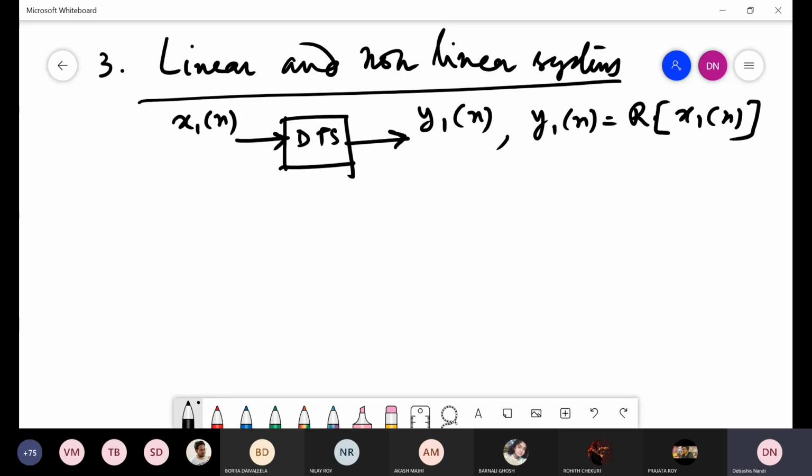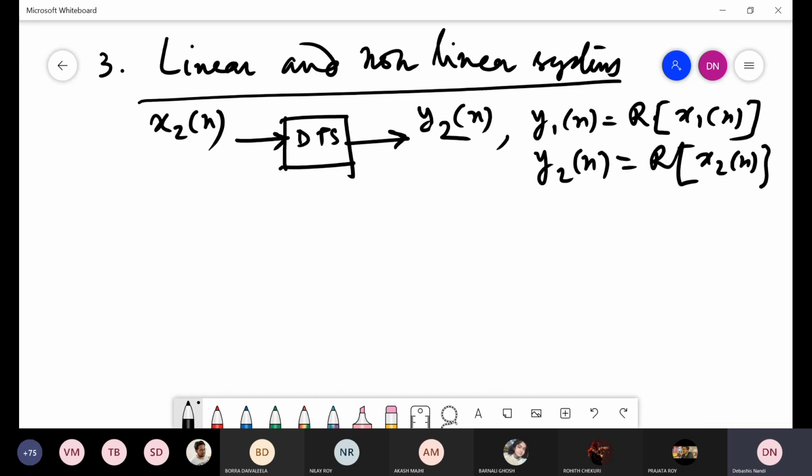Similarly, if you apply x2[n] to the input in place of x1[n], you get the corresponding output y2[n]. So y2[n] is the response to x2[n].